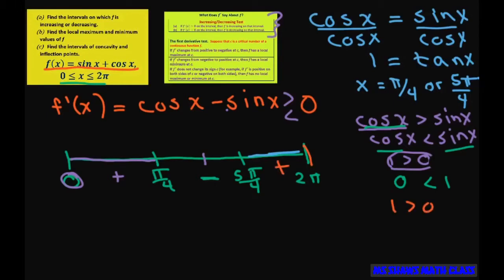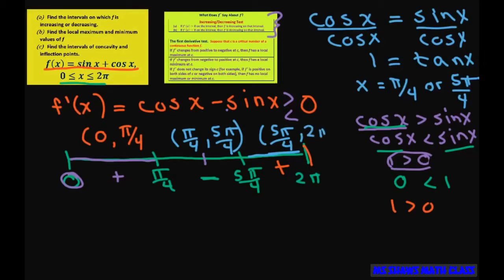So this is positive. What this means is it's increasing on the interval 0 to pi divided by 4, decreasing on the interval pi divided by 4 to 5 pi divided by 4, and increasing on 5 pi divided by 4 to 2 pi.